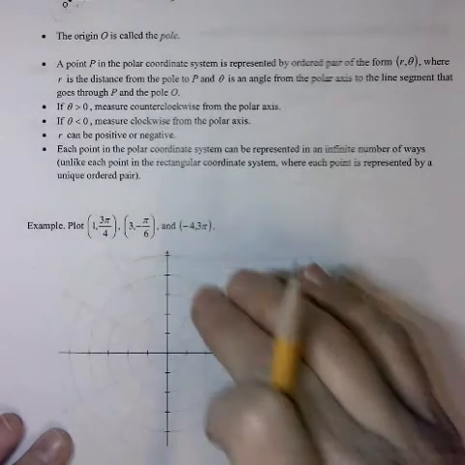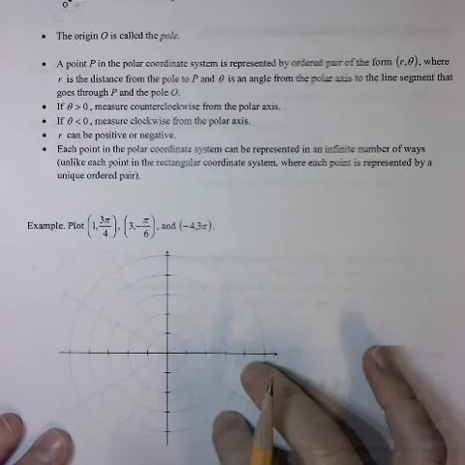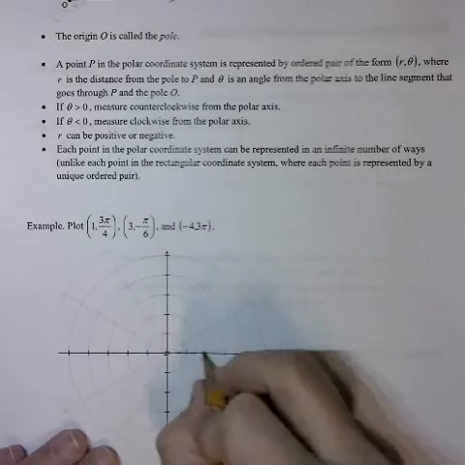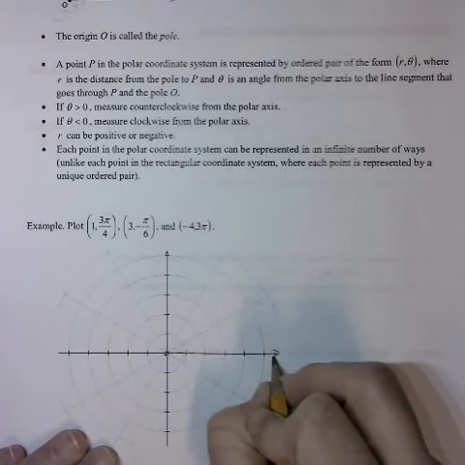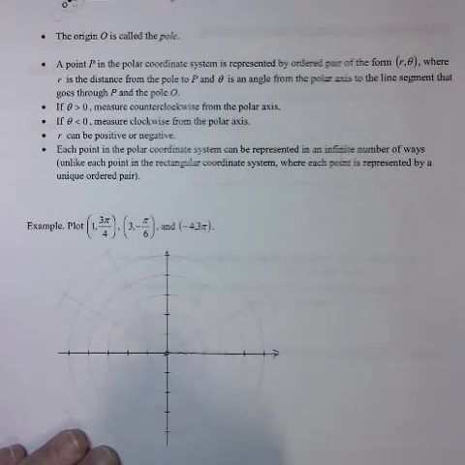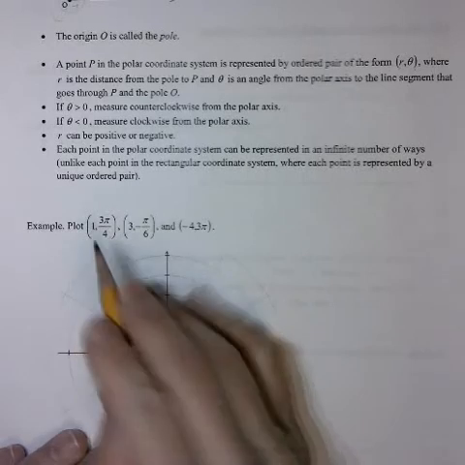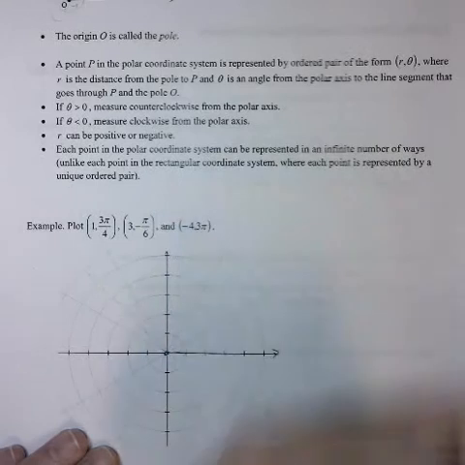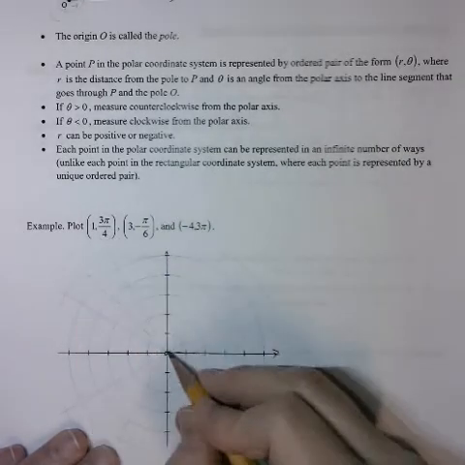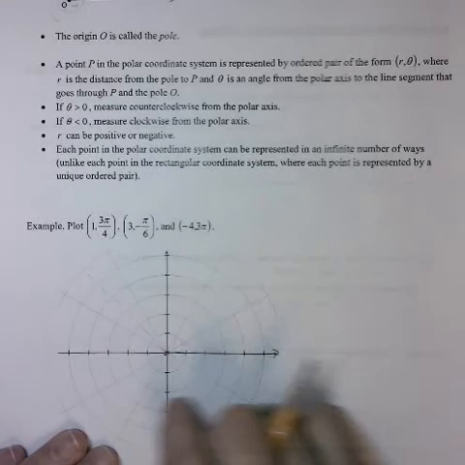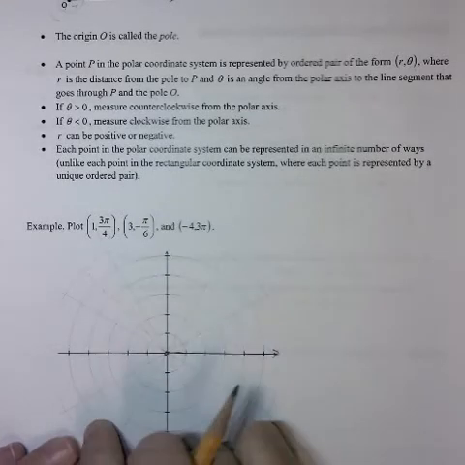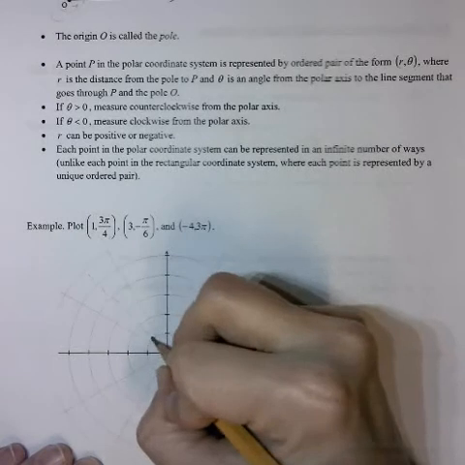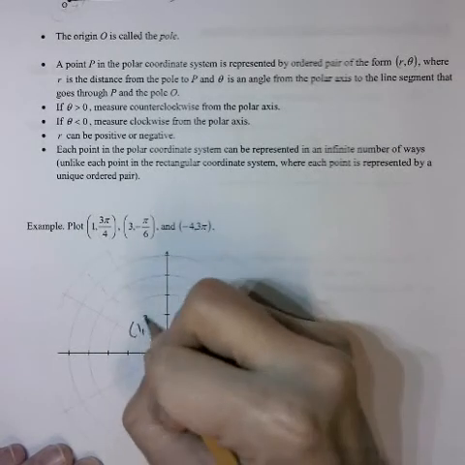We can still refer to the first, second, third, fourth quadrant. This is our pole, and this is our positive x-axis, that's our ray that we are rotating around. So 3 pi over 4 is just as we usually would be, right here. And we go 1 unit out. The polar system often has these circles to help you count the correct number of units from the pole. So this is the point (1, 3 pi over 4).